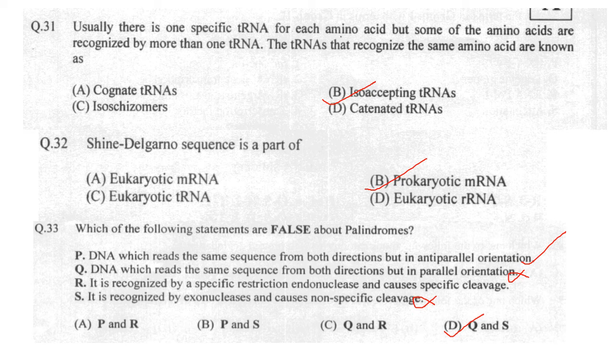Next one. Which of the following statements are false about palindromes? DNA which reads the same sequence from both directions but in anti-parallel orientation. So that is correct. Okay. Next one. DNA which reads the same sequence from both directions but in parallel orientation.